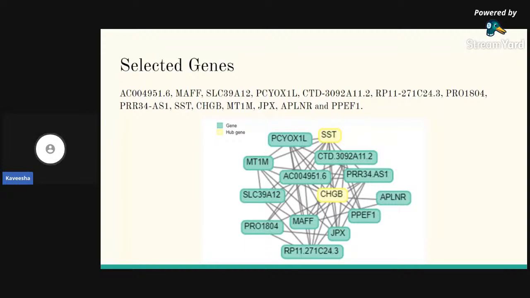So with those validations and with the new results that we found and with the correlation between those newly found genes, we can predict that these 14 genes also might have some impact on Alzheimer's disease.